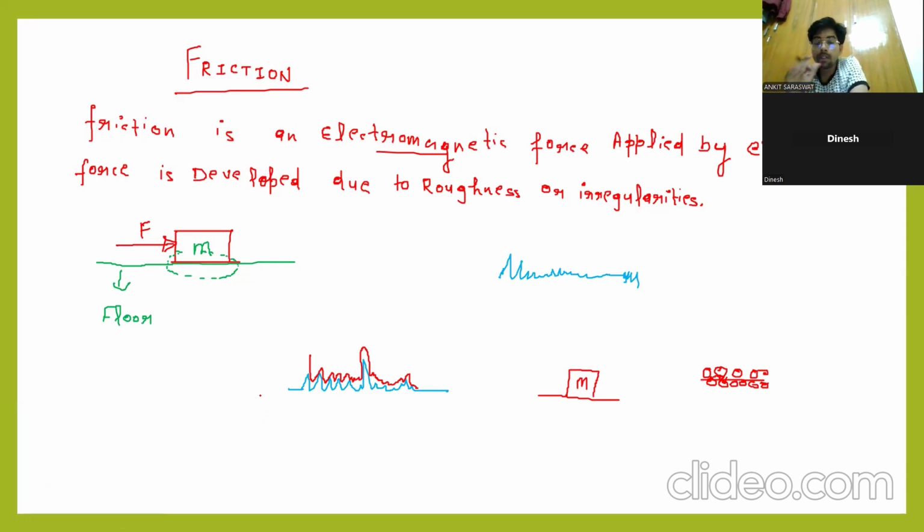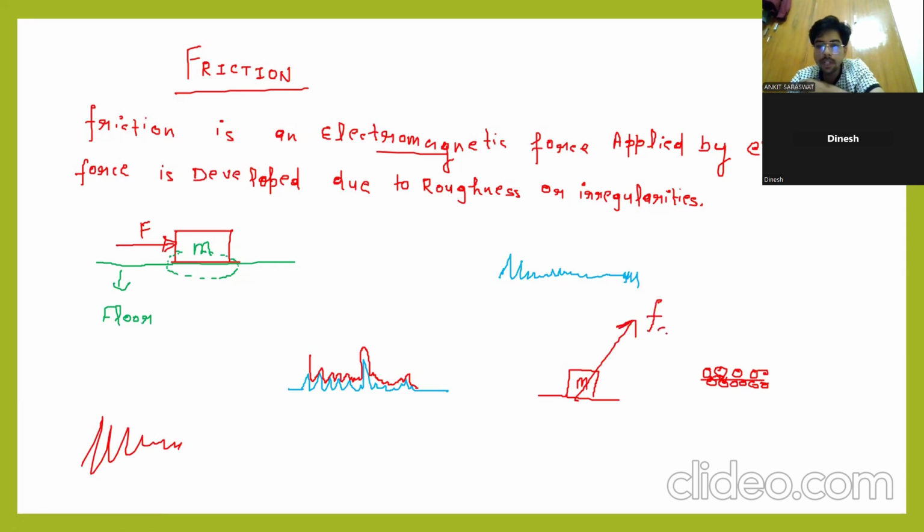They are neutral, but see, this is the block and this is the floor. When they are in contact, very close, there is a repulsion between the electrons. Because the surface is not smooth or perfect, it has different deformities like this. So there is one resultant contact force, FC.